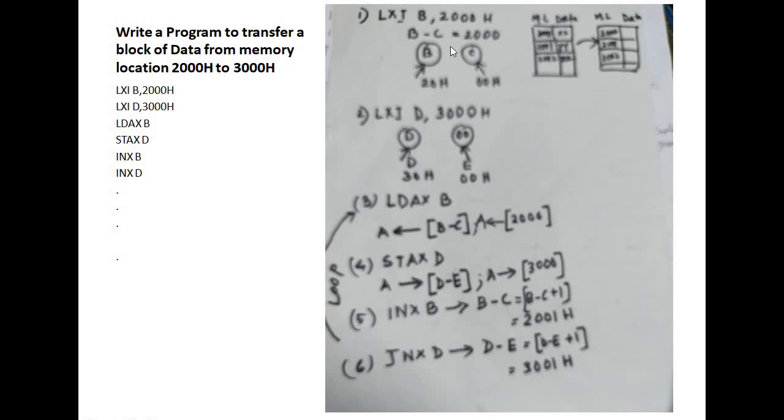This is 3, this is 3, 6, 6 plus 1 is 7, 7 plus 1 is 8, 8 plus 1 is 9, 9 plus 1 is 10. Yes, of course it is taking 10 memory locations, but I have used only 3 memory locations here.